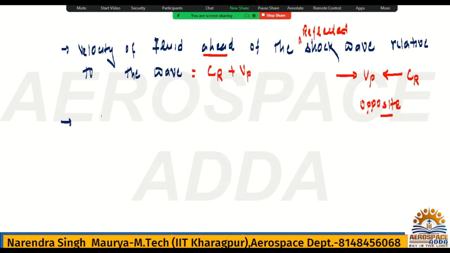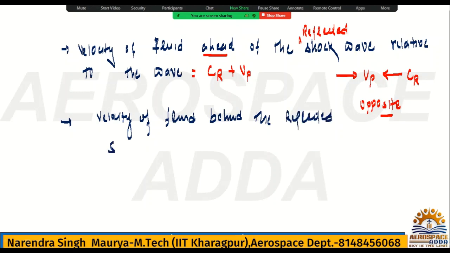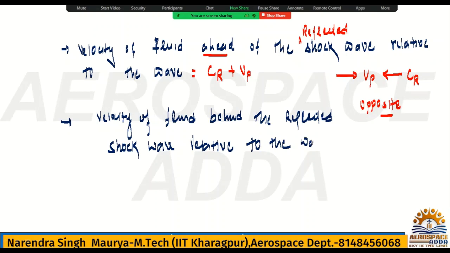Now second, the velocity of fluid behind the reflected shock wave relative to the wave. So what is that?